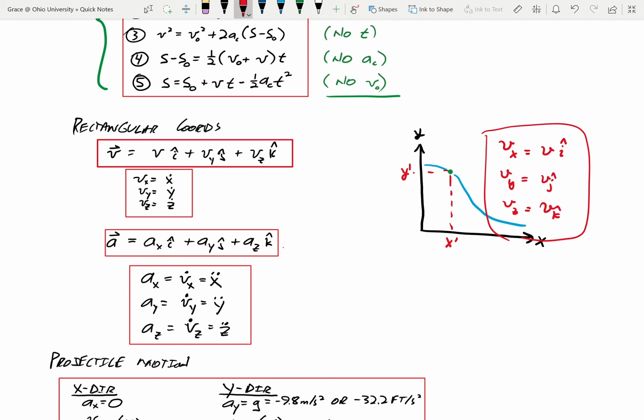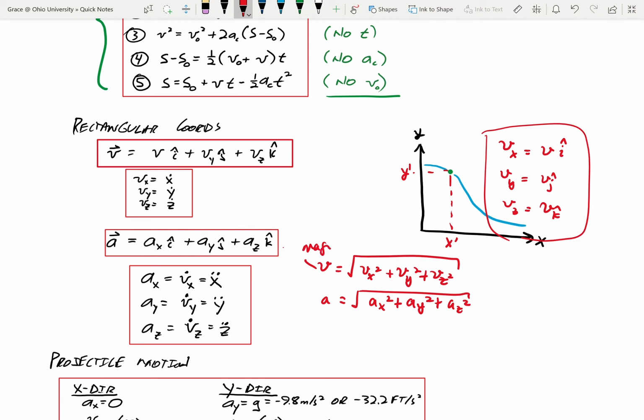So if you want to get the magnitude of velocity, what you want to do is find the square root of the square of velocity in the x direction, velocity in the y direction, and velocity in the z direction. And the same way with acceleration. And that's going to be the magnitude that you're looking for.